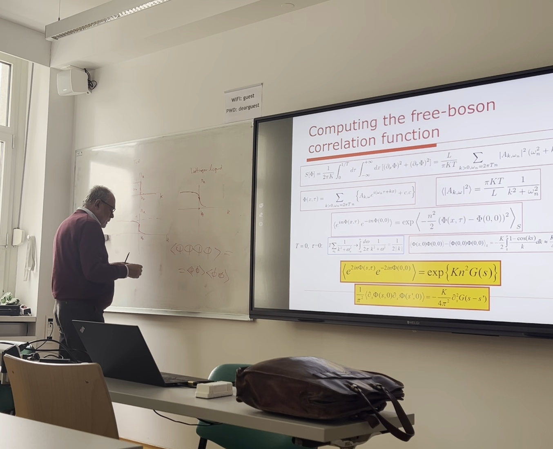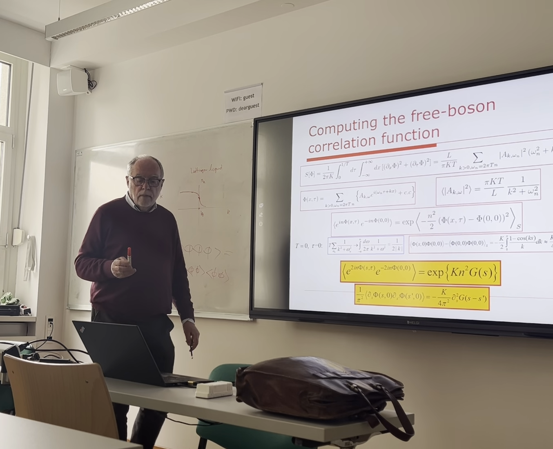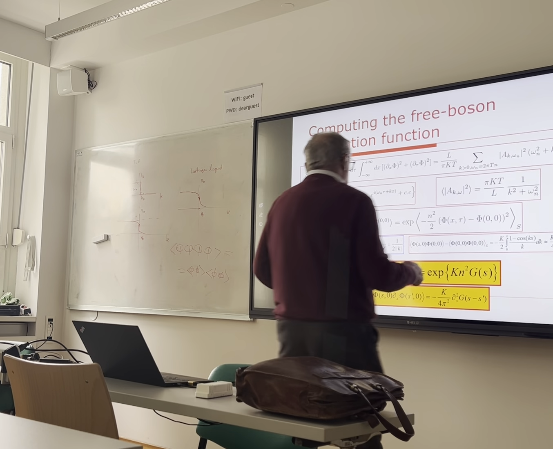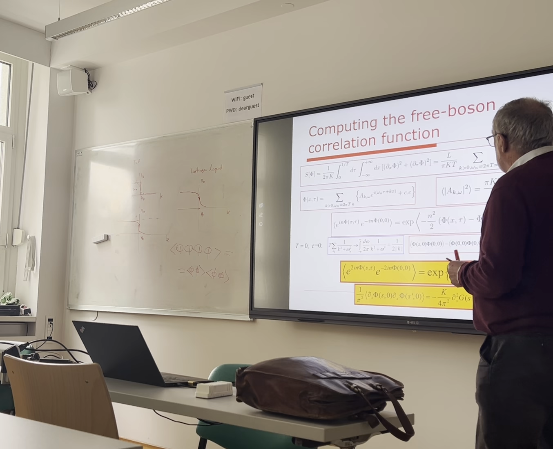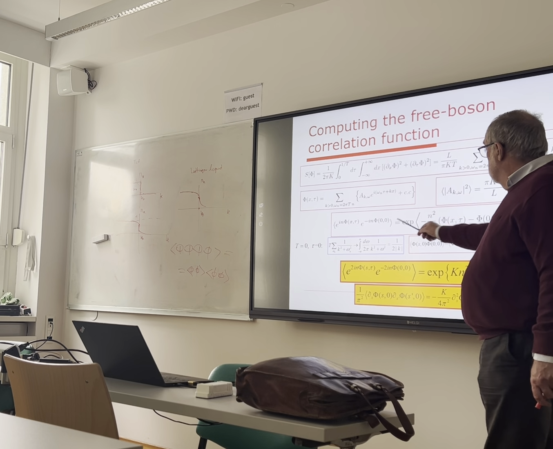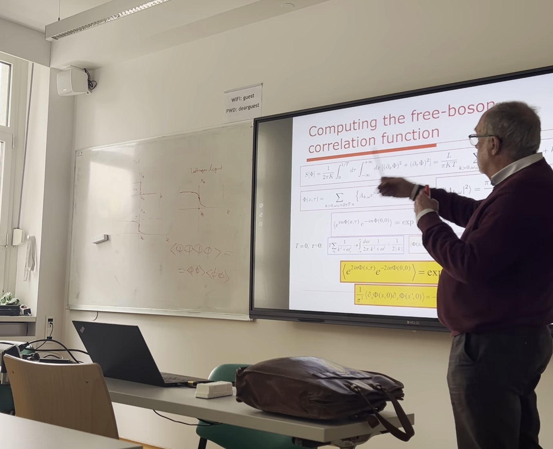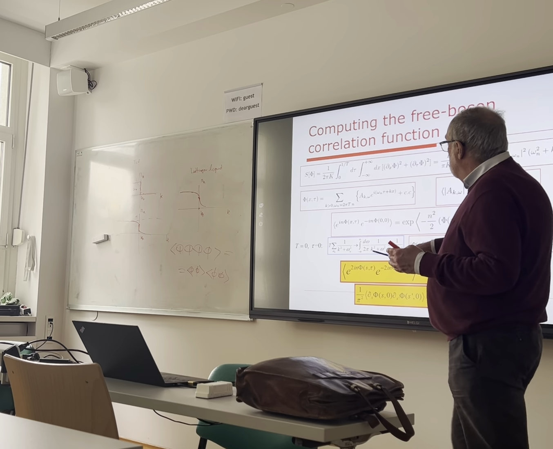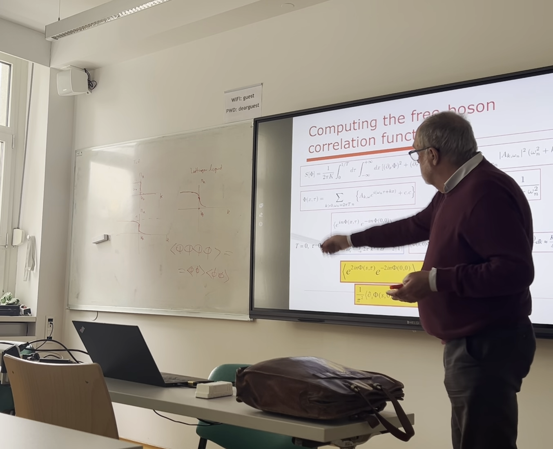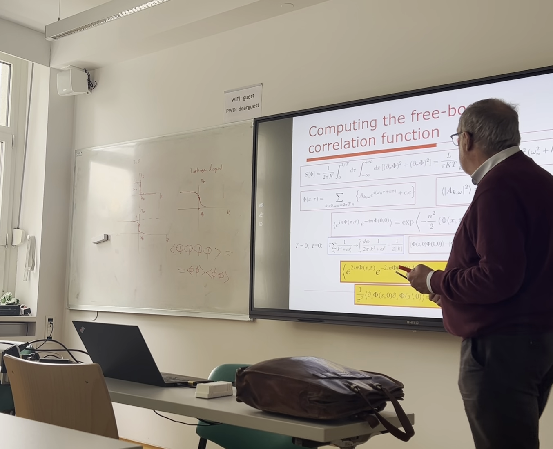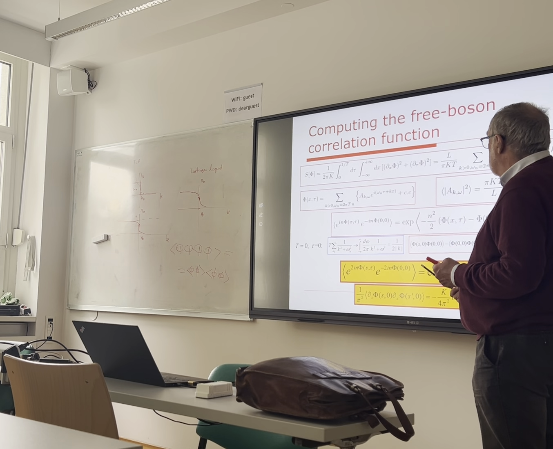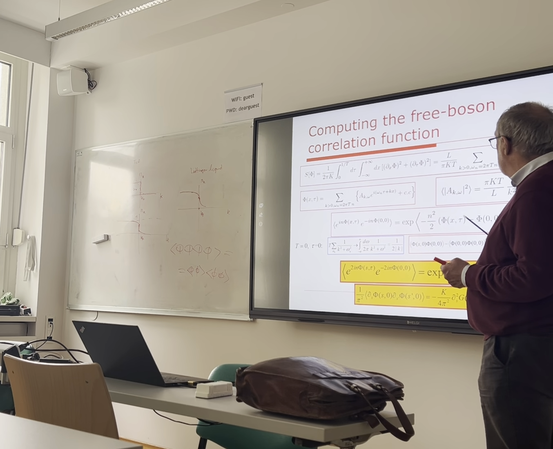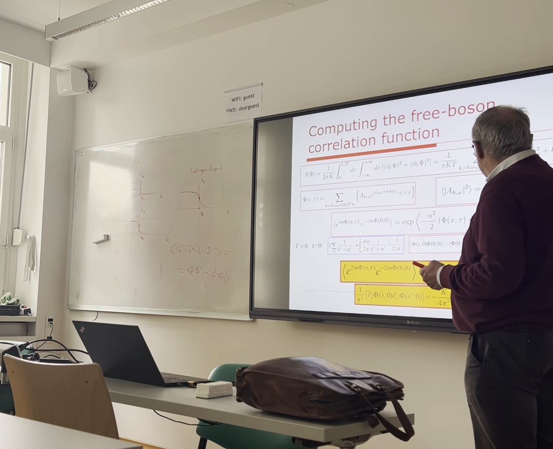And all the odd averages are zero. So when you do such a thing, you first expand, then you use Wick's theorem, and then you again sum what appears after the averaging, and you have the exponential of this thing.